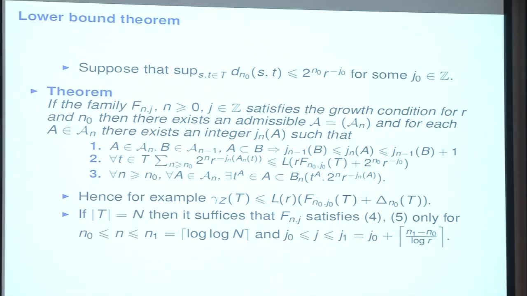Then, if the j-1 is not replaced by j, we know that in the next time step there is a possibility that we can gain, because it's exactly stated by the growth condition, that we can earn something. And we can earn something only if the diameter of our sets shrinks sufficiently fast. So the next step, which is important, is that this number increases. It means that the first time the diameter was shrunk, and then we have n plus kappa next steps in which we were waiting.